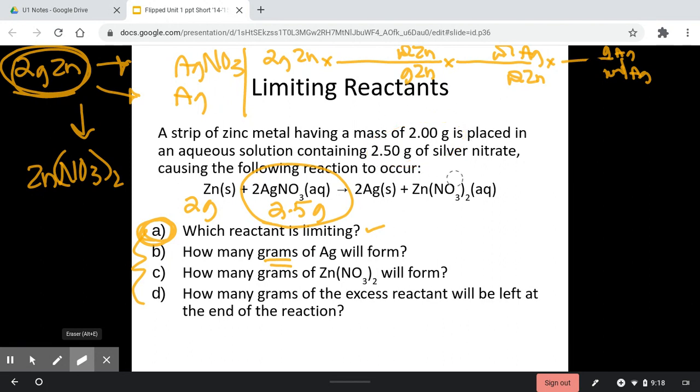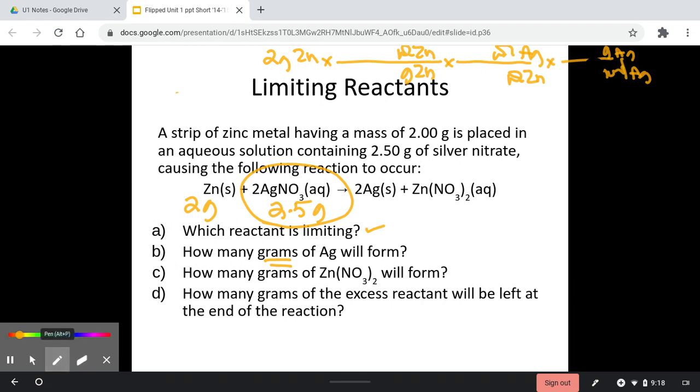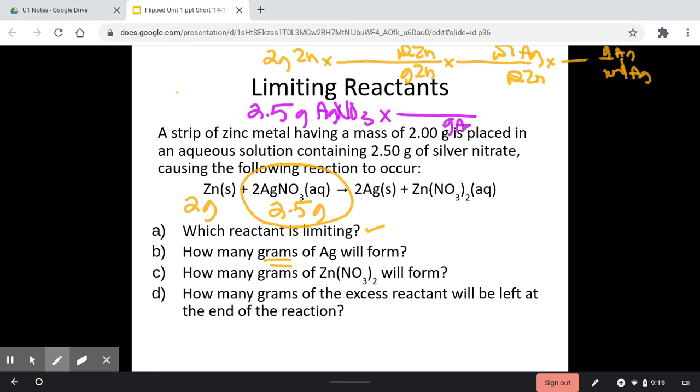And the reason I like to do it this way is because conceptually it's a lot easier for me to deal with that answer. And when I'm under stress, like in a testing environment, I need to know myself and know my limits and know what I'm going to be more likely to conceptualize correctly. So I know it's an easier setup. So I'm going to go from grams of zinc into grams of silver.